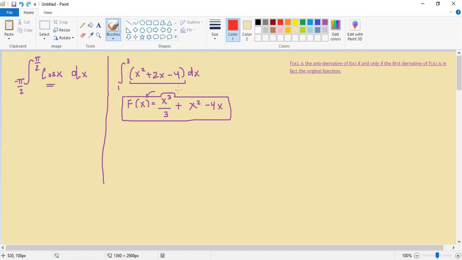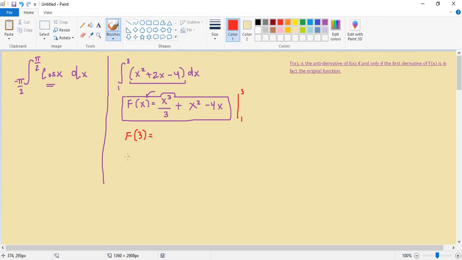So we have a good understanding that this particular function is in fact the antiderivative of the original function. And now we want to evaluate this antiderivative for the region of 1 to 3. We would do this by plugging in 3, our upper bound, into this particular function here.